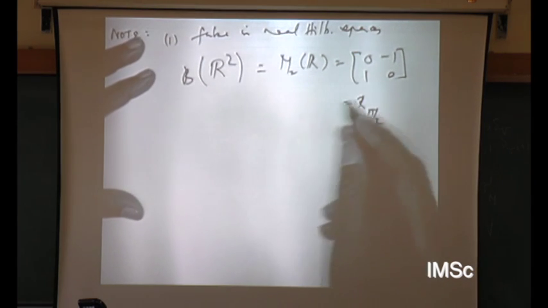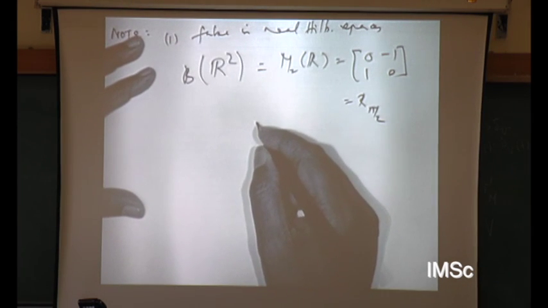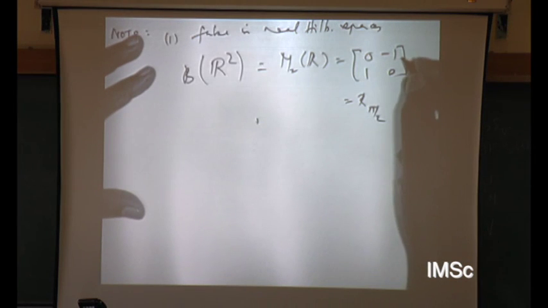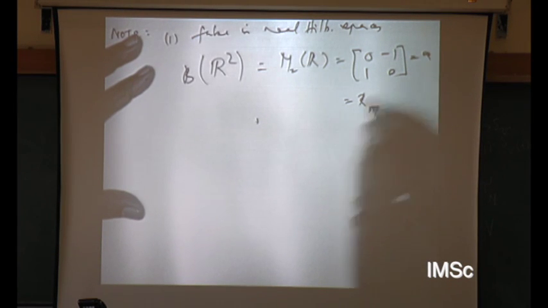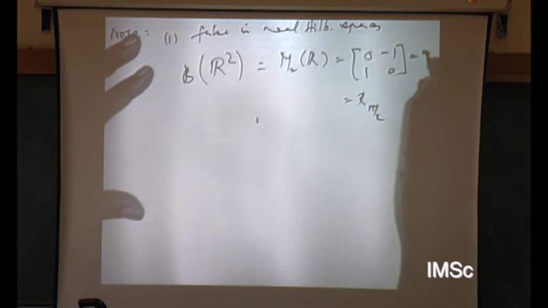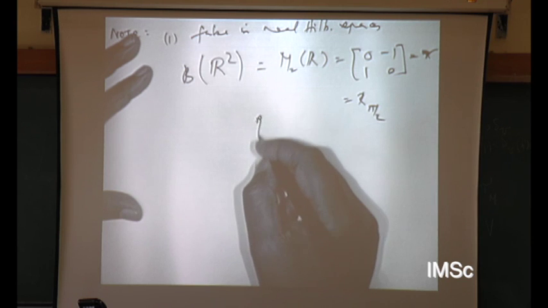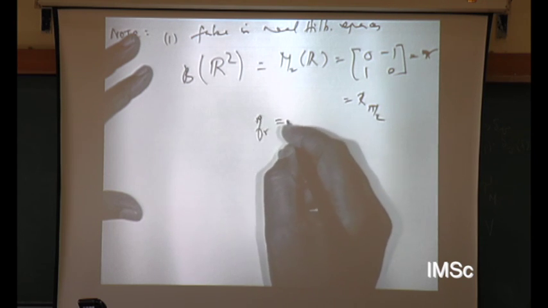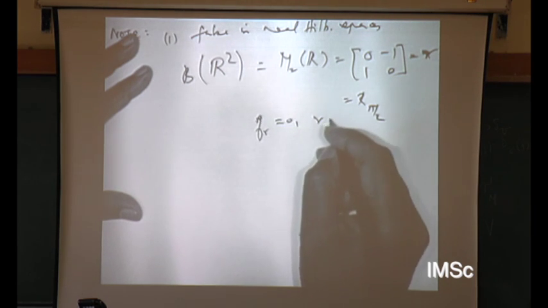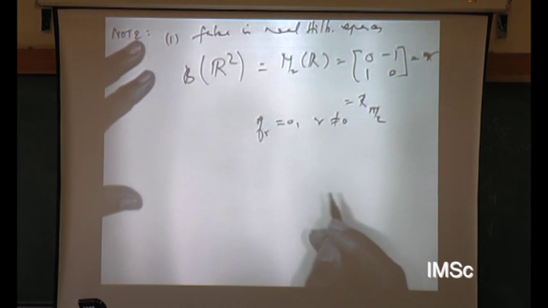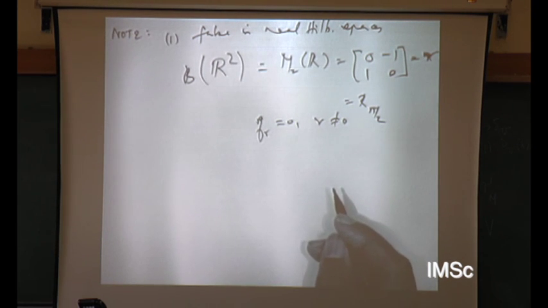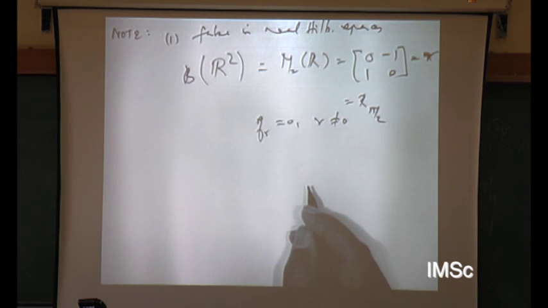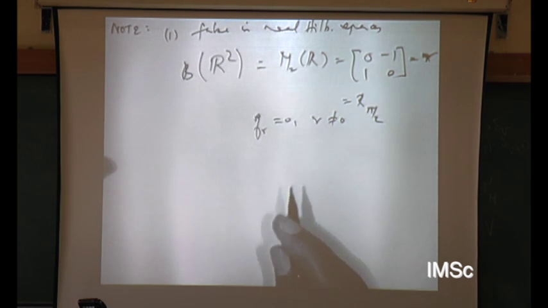So the quadratic form of R is 0, but R is not 0.